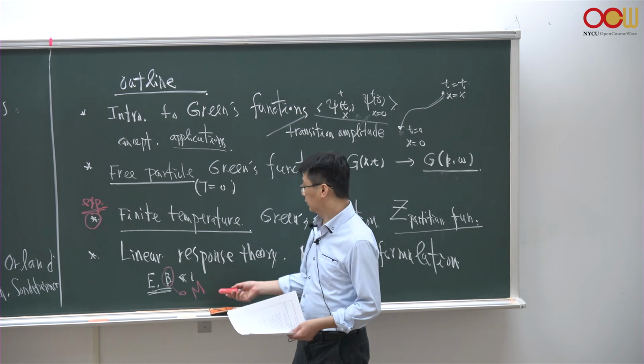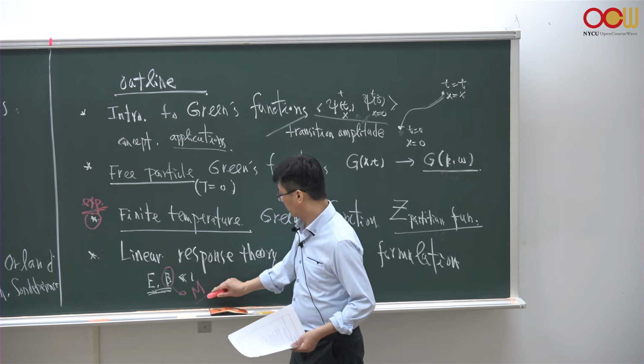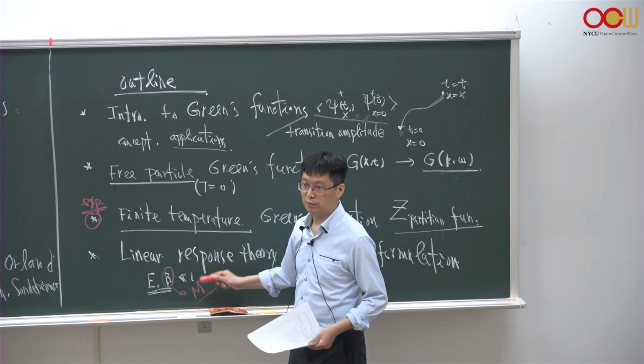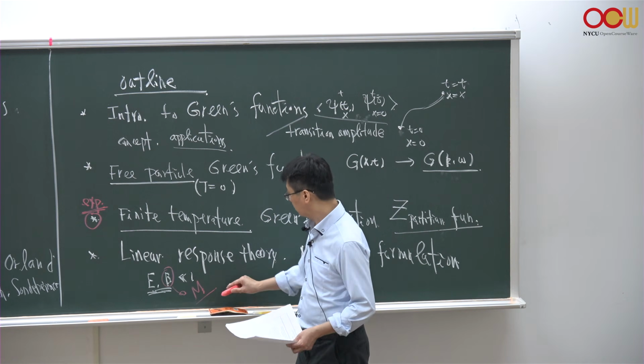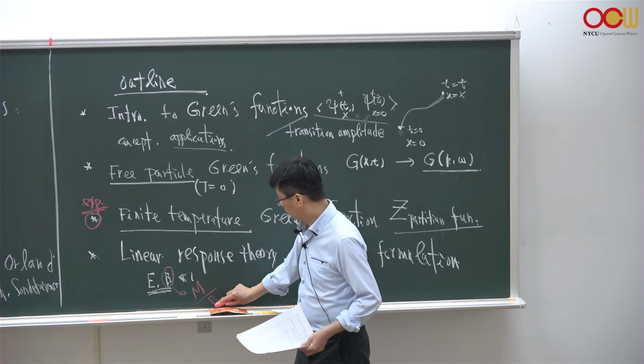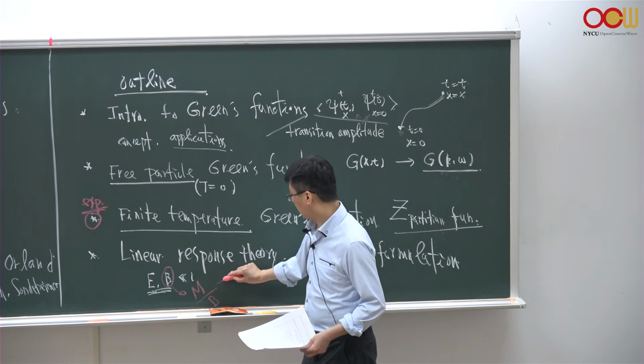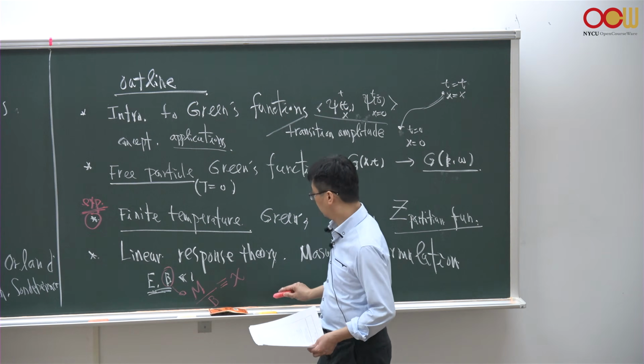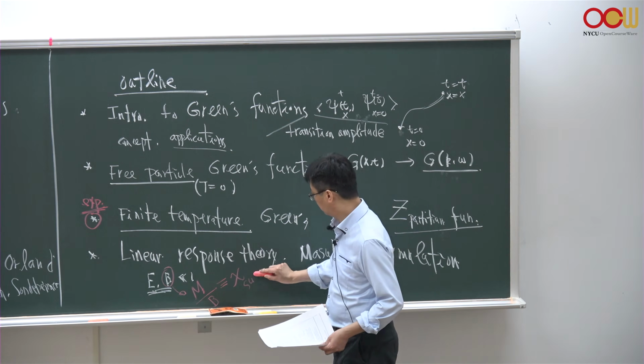And then you could take this small response of your magnetization relative to the zero field magnetization, and you divide it by your small magnetic field, and this is precisely your spin susceptibility, 磁化率.